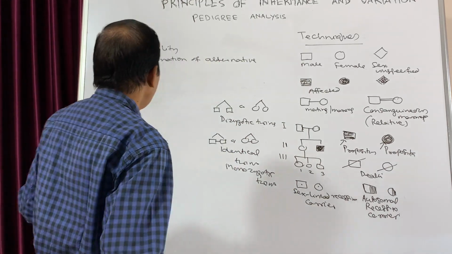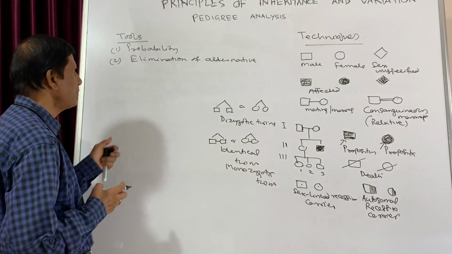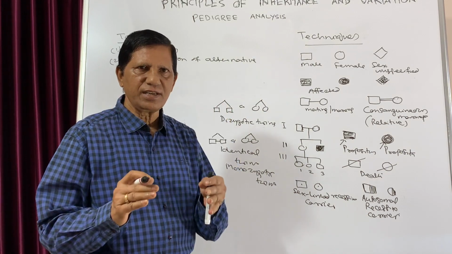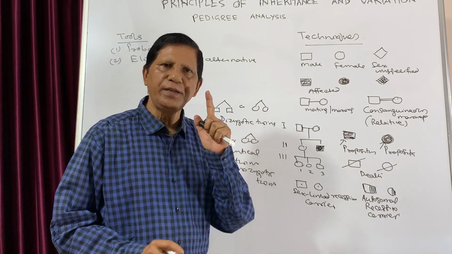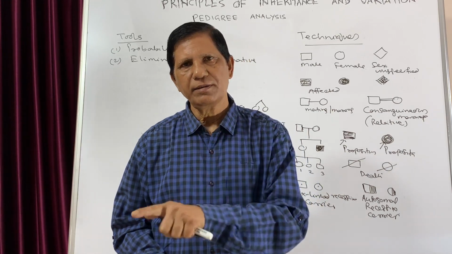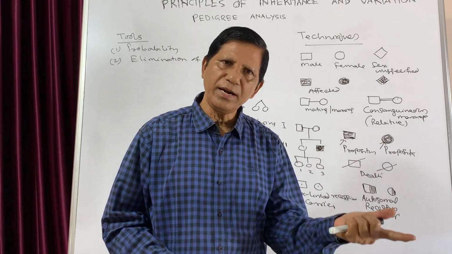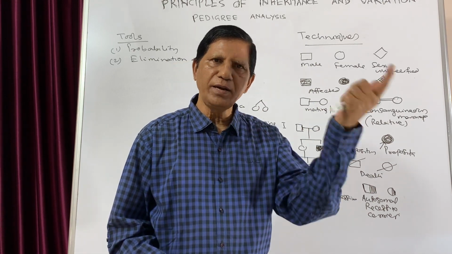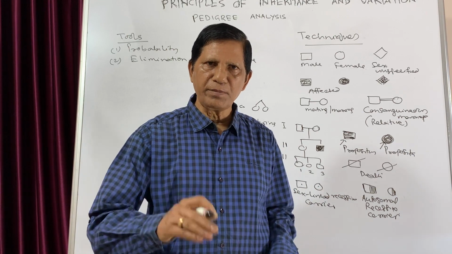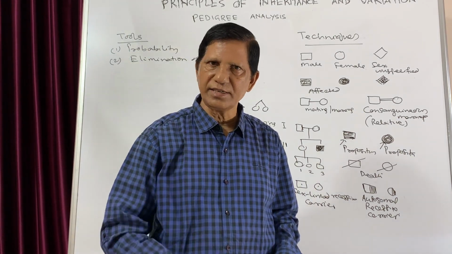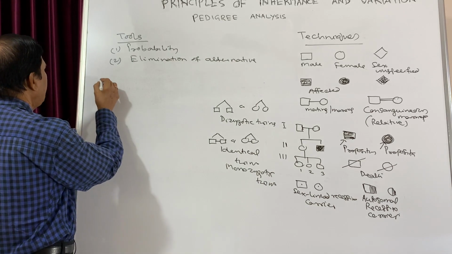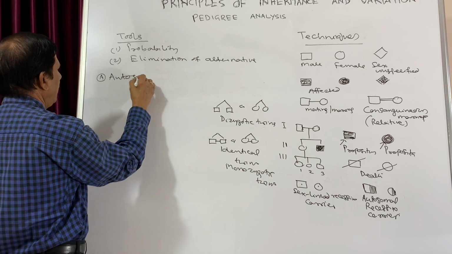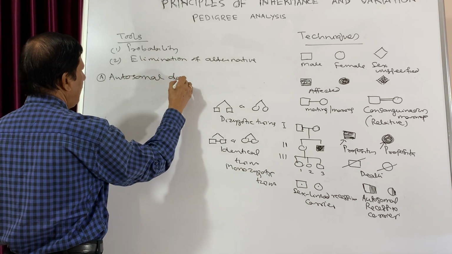And now there are 4 different types of deformities or diseases that are inherited. It may be autosomal, it may be sex-linked, it may be dominant, it may be recessive. So it may be autosomal dominant, autosomal recessive, sex-linked dominant, sex-linked recessive. So we'll take these 4 cases. The first is autosomal dominant.